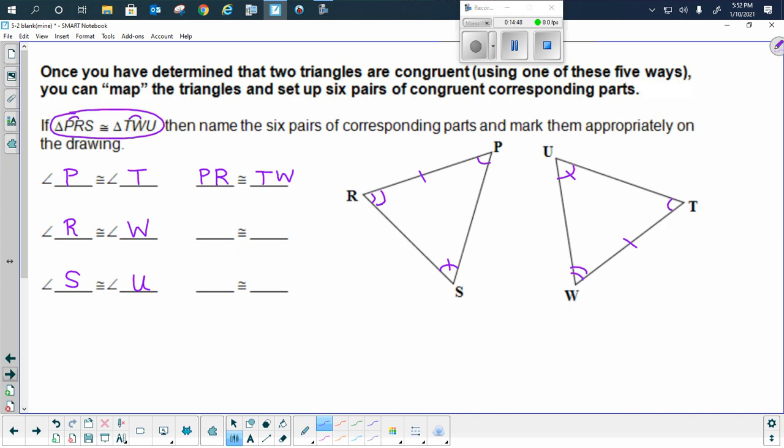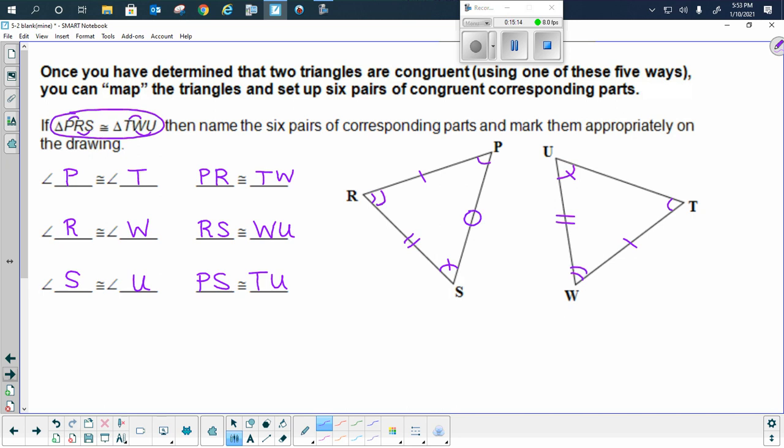We'll go with the second and third, side RS. From up here, RS goes with side WU. RS and WU, mark them the same. And last but not least, the first and the third letter up above, side PS equals side TU.